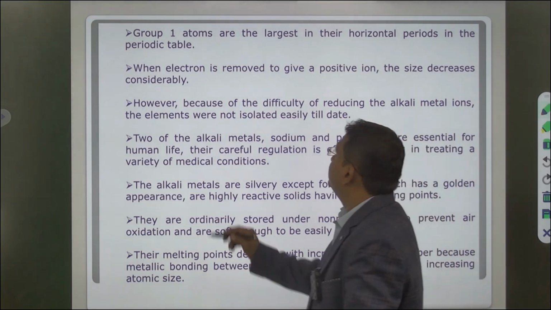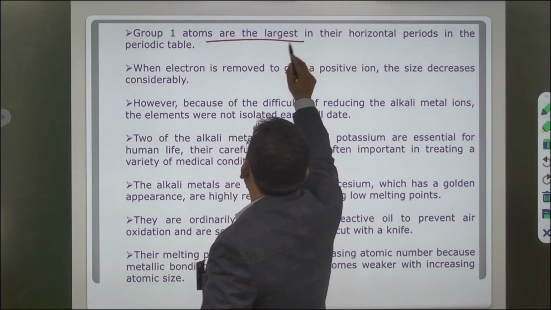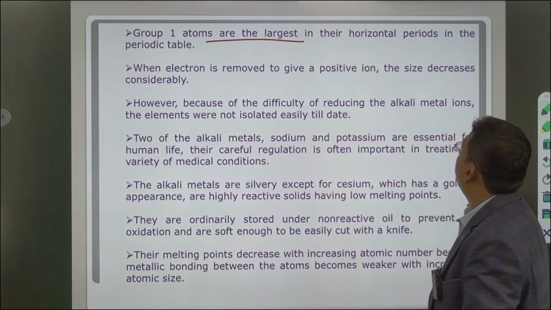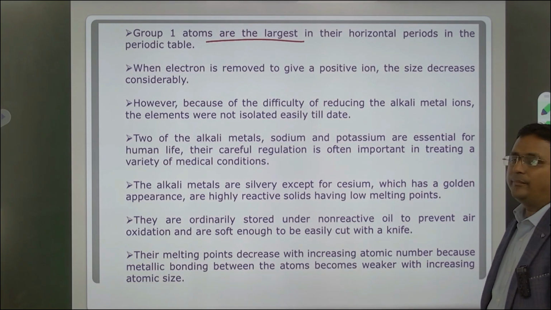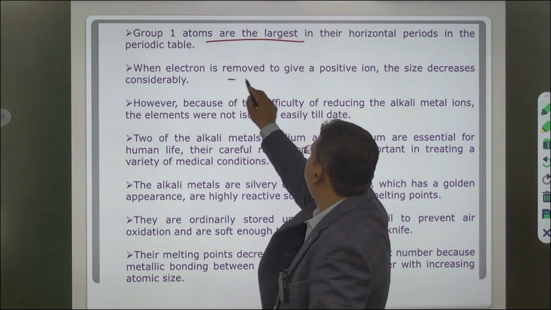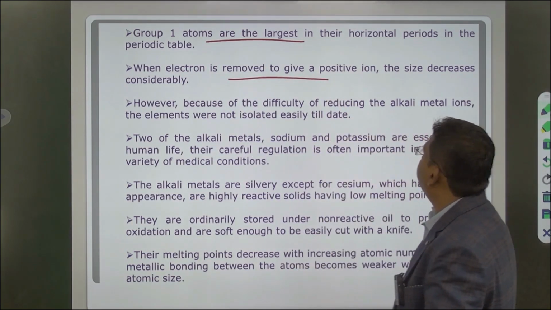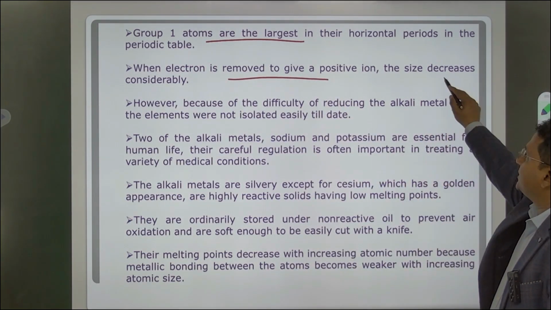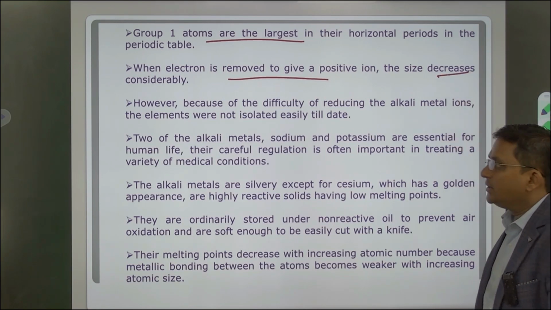Group 1 atoms are the largest in their horizontal period in the periodic table. When an electron is removed to give a positive ion, the size decreases considerably.